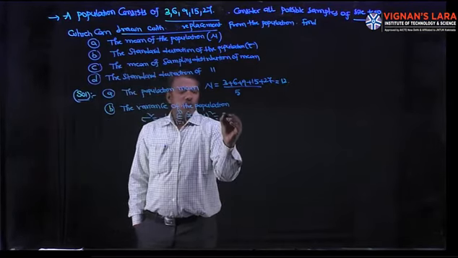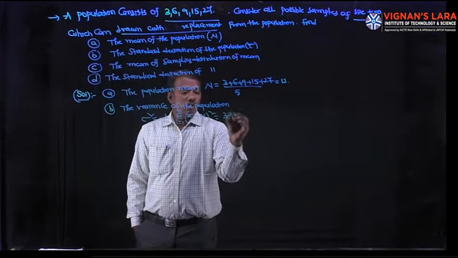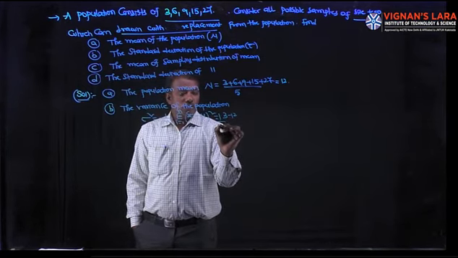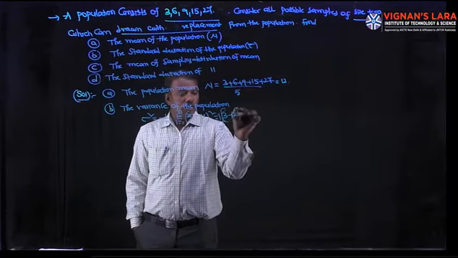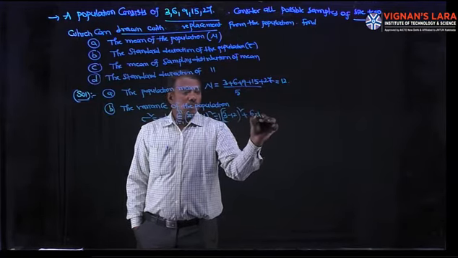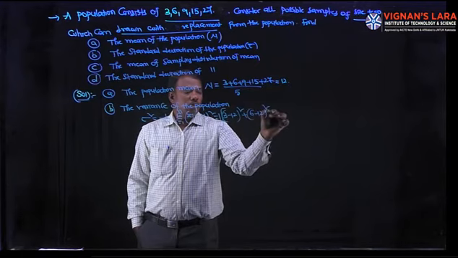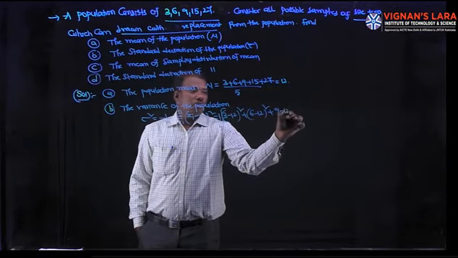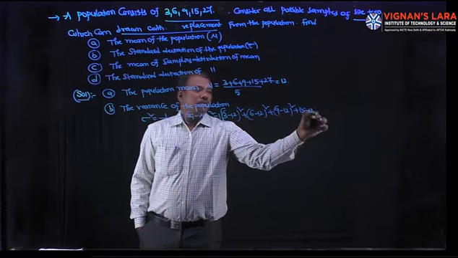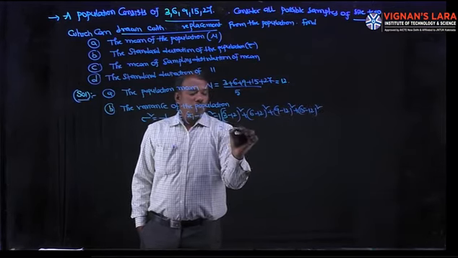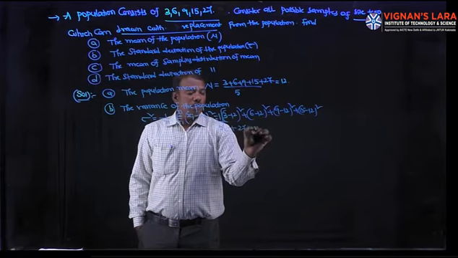That equals 1 by 5 into (3 minus 12) whole square plus (6 minus 12) whole square plus (9 minus 12) whole square plus (15 minus 12) whole square plus (27 minus 12) whole square.